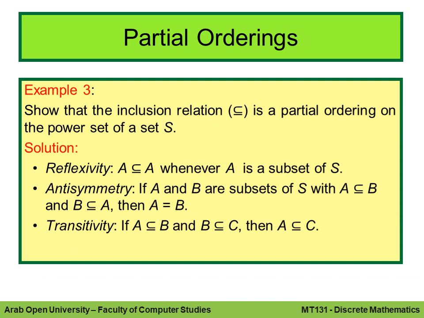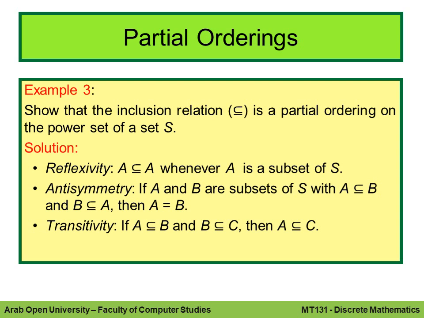Another relation is the subset relation, the inclusion. This is a partial ordering on the power set of S. The way to show that the subset relation is a partial order: reflexive property, every set is a subset of itself. Every set is related to itself.